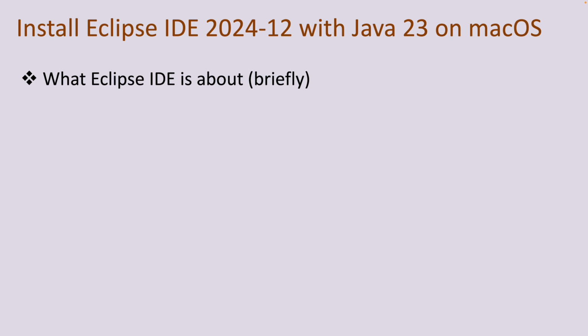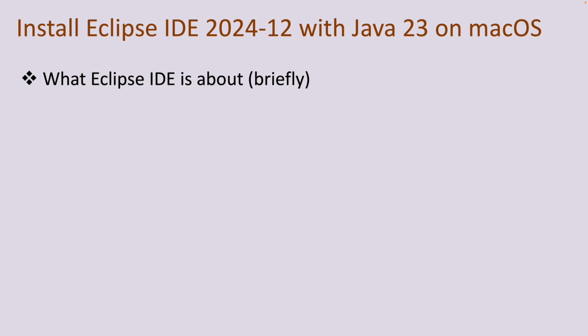In this video, I'd like to show you the steps to set up Eclipse IDE version 2024-12 with Java version 23 on Mac computer, so you can begin Java programming on Mac computers easily.